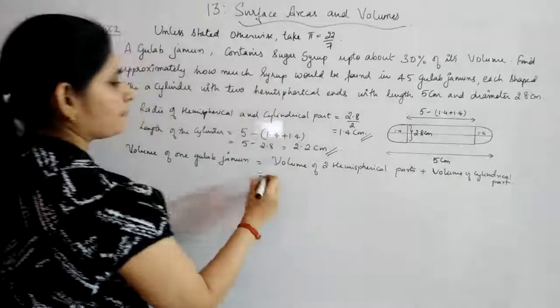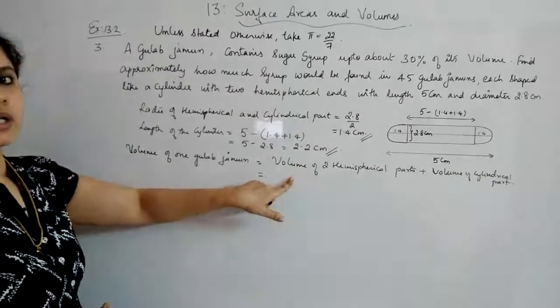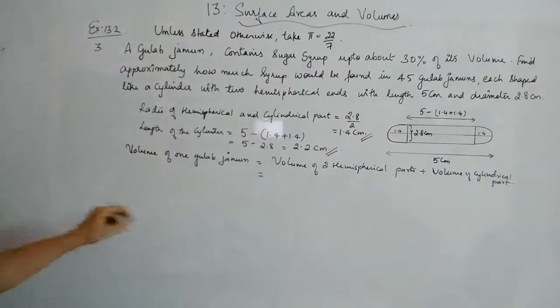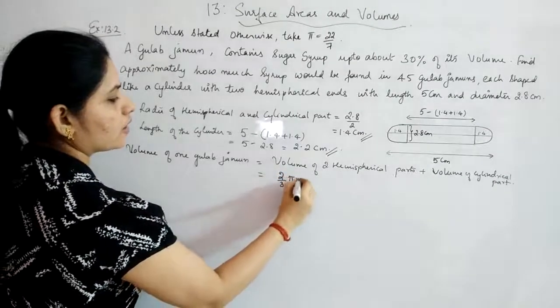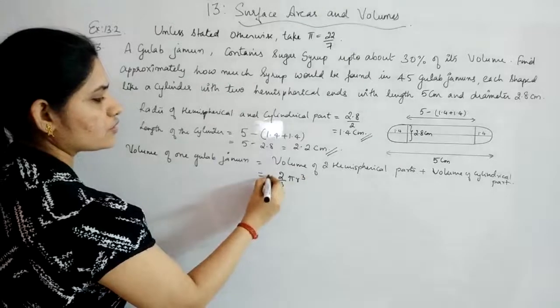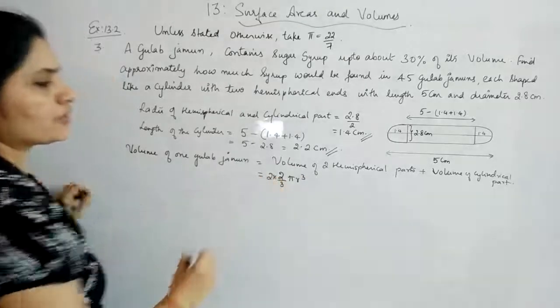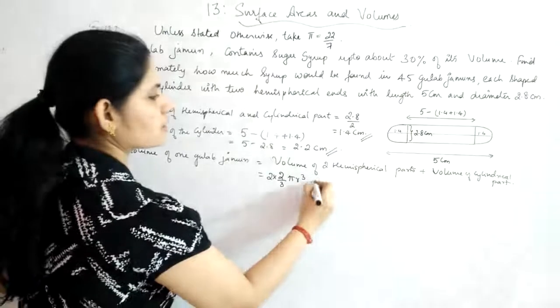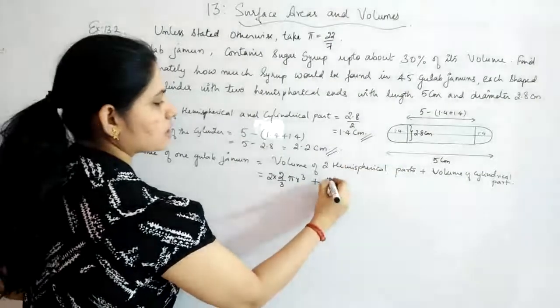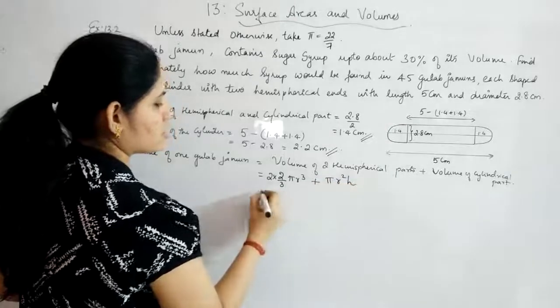The volume of one hemisphere is 2 by 3 pi r cube. So the volume of two hemispherical parts is 2 into 2 by 3 pi r cube, plus the volume of the cylindrical part, pi r square h.